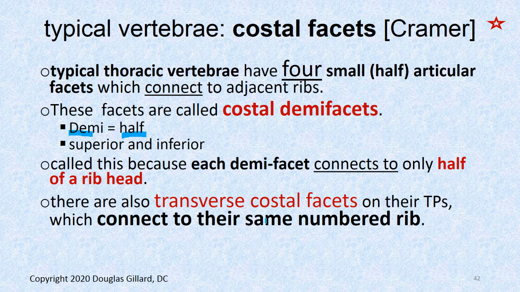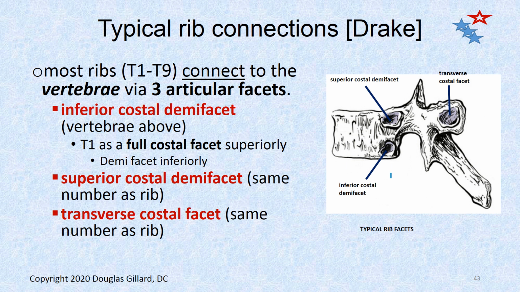There's also a transverse costal facet as well. We'll look at that as well. So here is a classic picture of a superior costal demifacet, an inferior costal demifacet, and a transverse costal facet. And not all vertebrae have these transverse costal facets, do they?